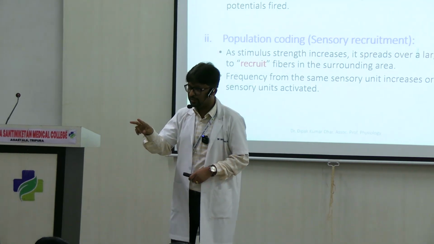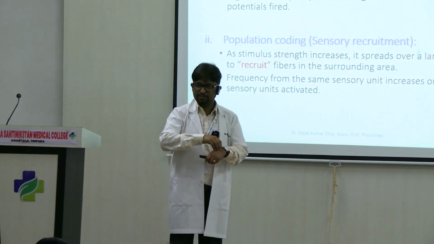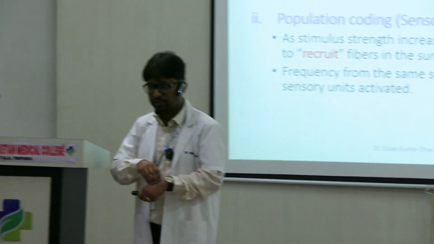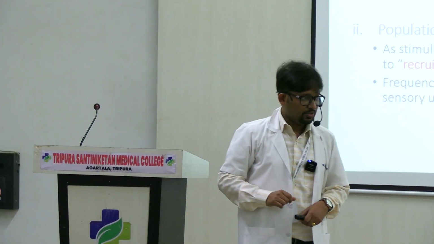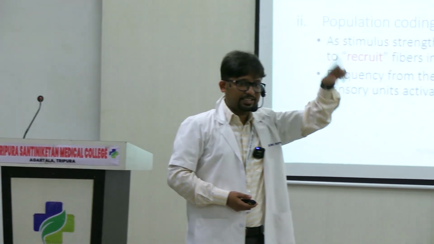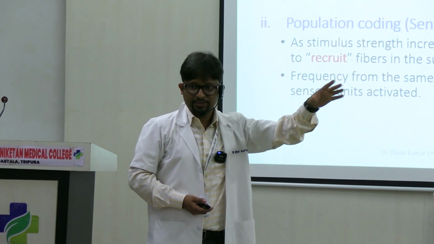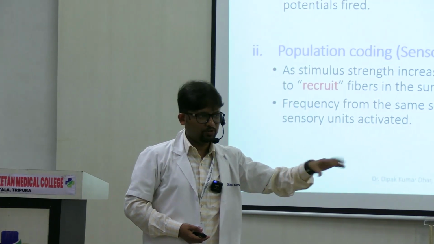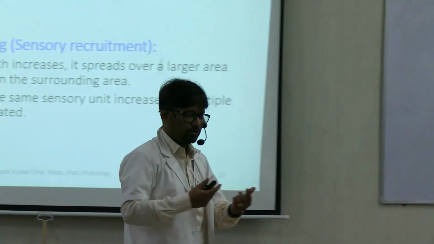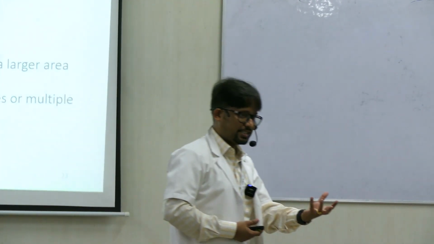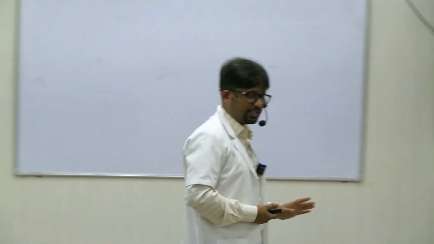So two things can happen. First, it has spread to a larger area by which surrounding sensory units have been involved in this whole process. So eventually the action potentials reaching the brain have increased. Why? Suppose initially it was going from one sensory unit, now it has involved 2 or 3 sensory units. The number of impulses has increased.